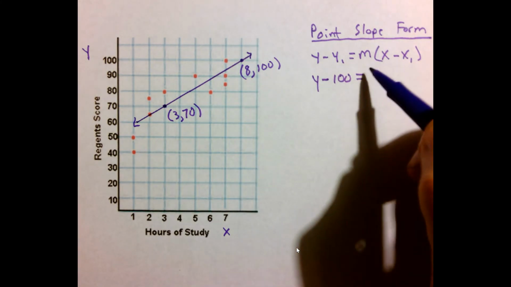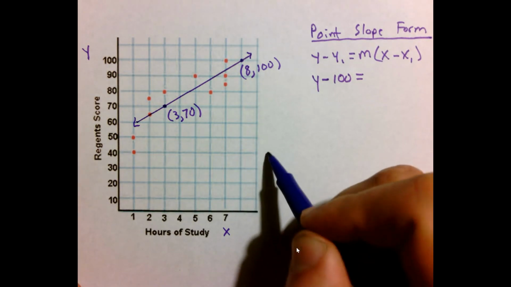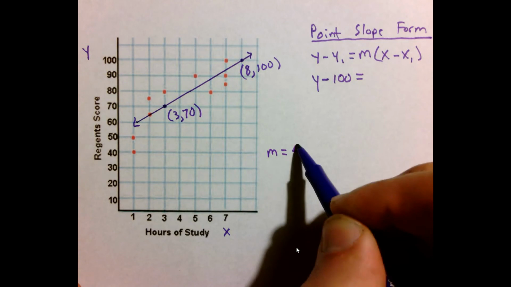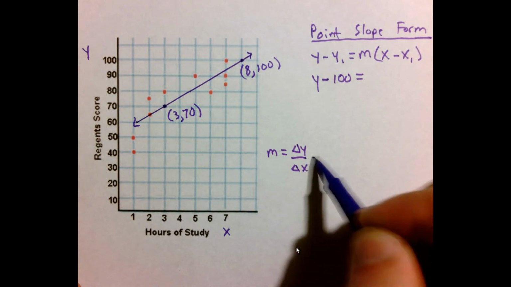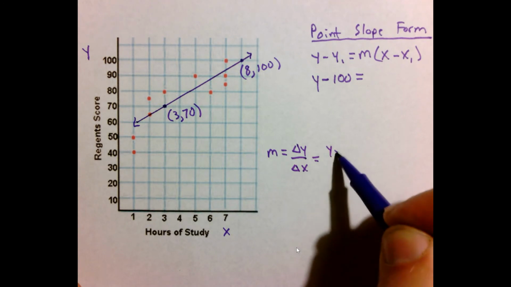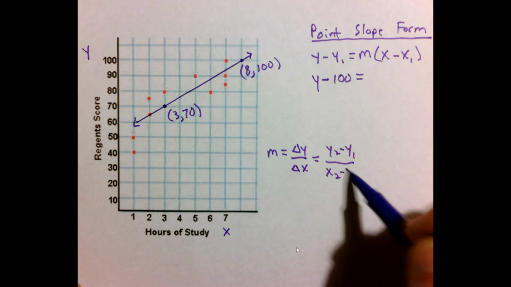M is my slope. Well, remember how we calculate slope. Slope is change in y divided by change in x. Change in y is y2 minus y1, that is subtract the y's, x2 minus x1.